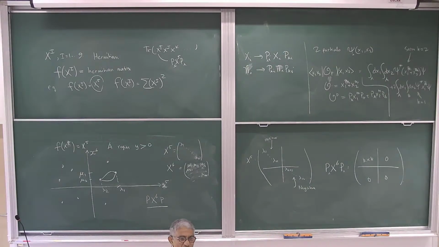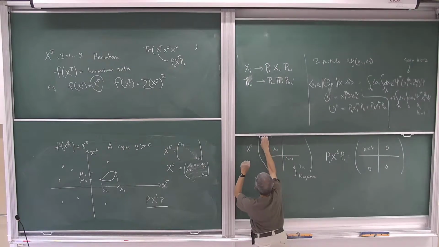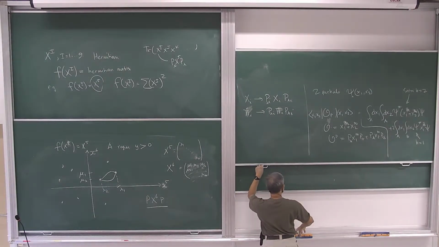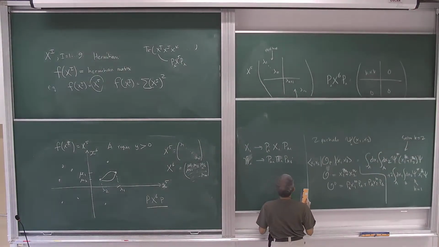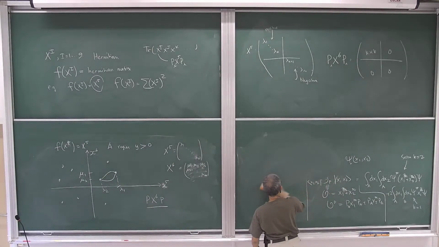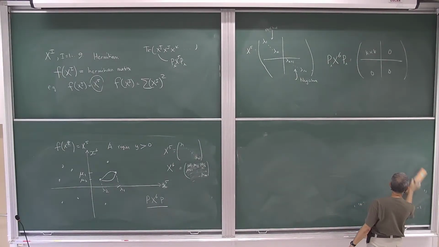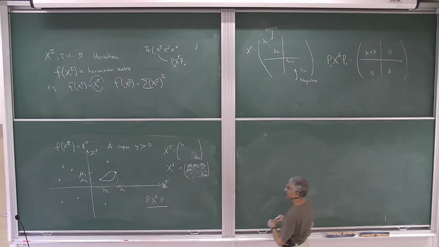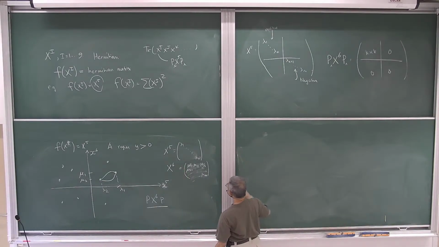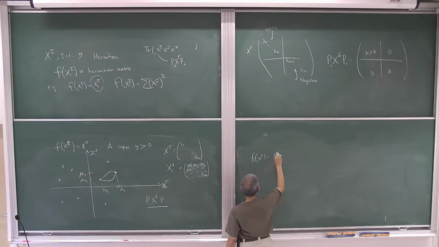Furthermore, this is not the only projector you can think of. This is the simple case where x5 is diagonal. So what does it mean to talk about it when f of x, I'm almost out of time, when f of x is, so suppose the theory is just two matrices, x5 and x6, and I take f of x to be x5 square plus x6 square.